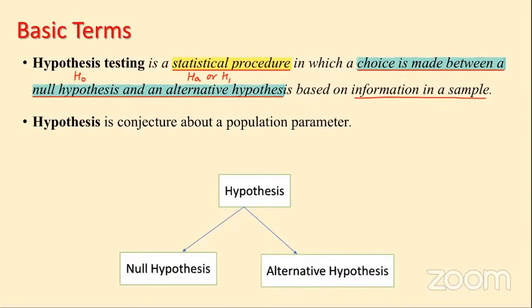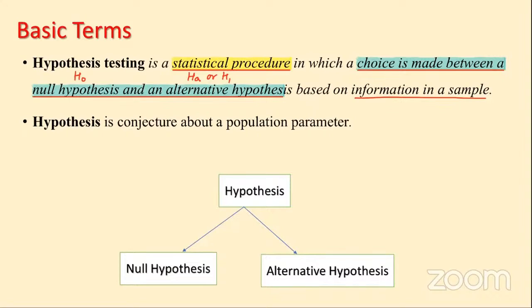When we say hypothesis, it is a conjecture about the population parameter. Whenever we are writing the hypothesis, it is all about the parameter. Information about the sample will be given in the problem, but we are talking about the parameter here.